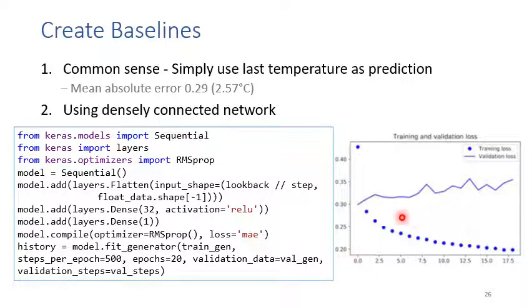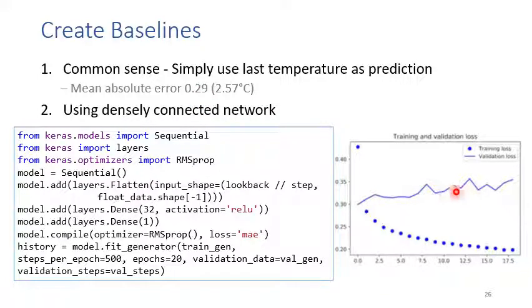Here's the result, and again, it's a surprise to see that the densely connected network performs worse than the common sense baseline. You can see the validation loss is higher than 0.3, and the baseline has an error around 0.29.